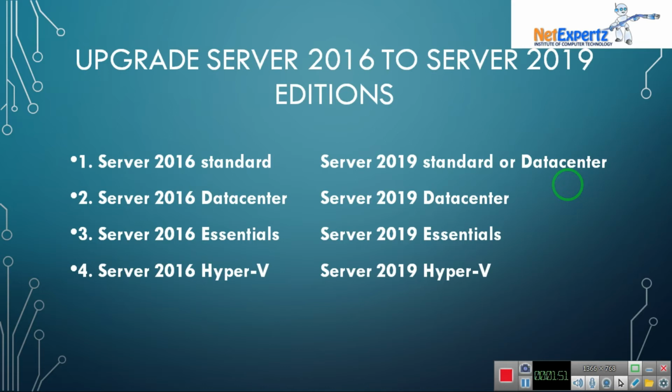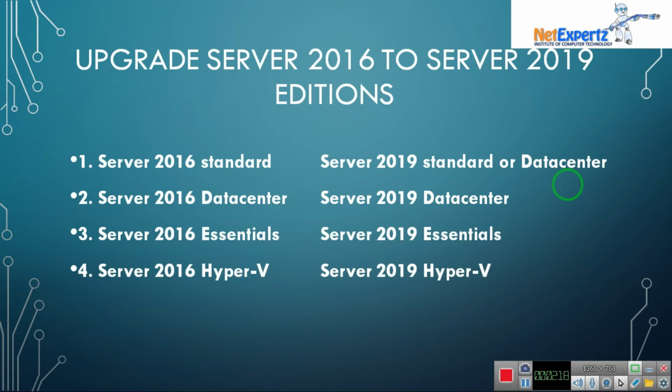If you have a Server 2016 Standard edition, you can upgrade to 2019 Standard or Datacenter. Server 2016 Datacenter edition you can upgrade to 2019 Datacenter. Server 2016 Essentials you can upgrade to Server 2019 Essentials, and Server 2016 Hyper-V will upgrade to Server 2019 Hyper-V.